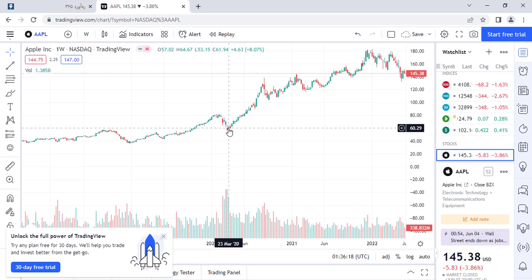We also have the same thing in cases where we have a downward trend.